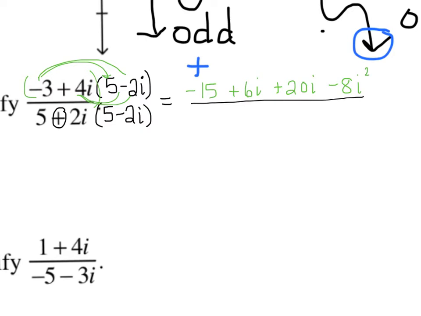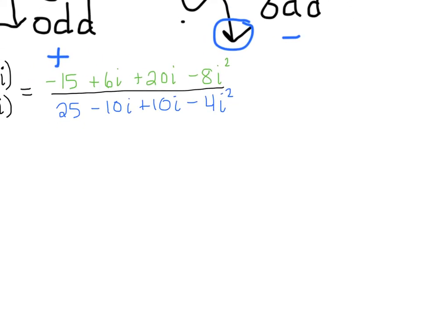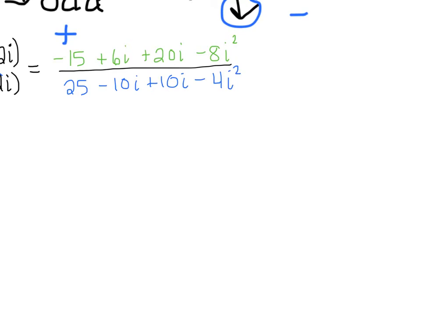You are welcome to box these if you would like. On the bottom, I'm going to get 25 minus 10i plus 10i minus 4i squared. So our next step is to combine like terms and simplify the i squareds.